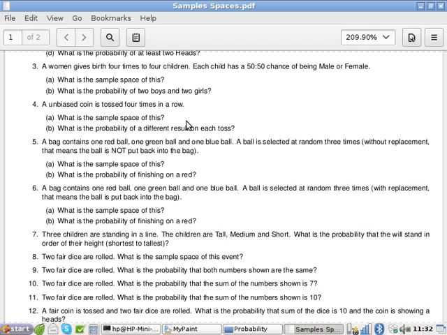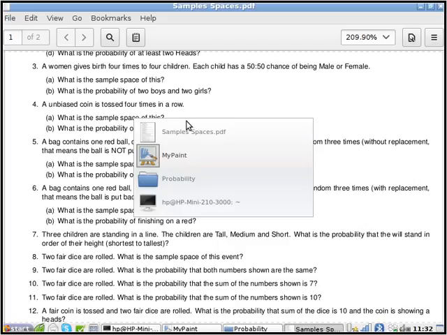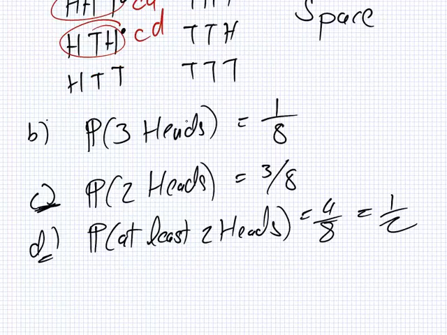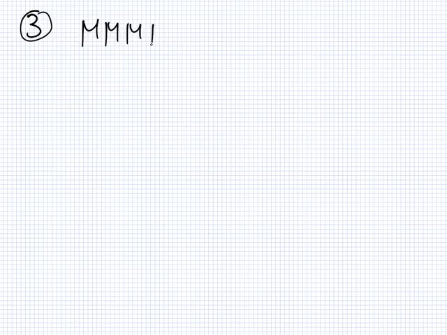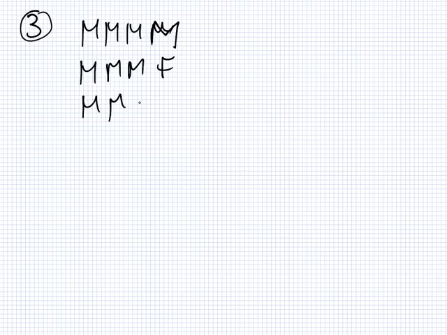Okay, let's have a look here. I'll help you out anyways. We'll start by writing down the sample space. This is for number 3, isn't it? So, you can have male, male, male, and male. Male, male, male, and female. Male, male, female, and male.